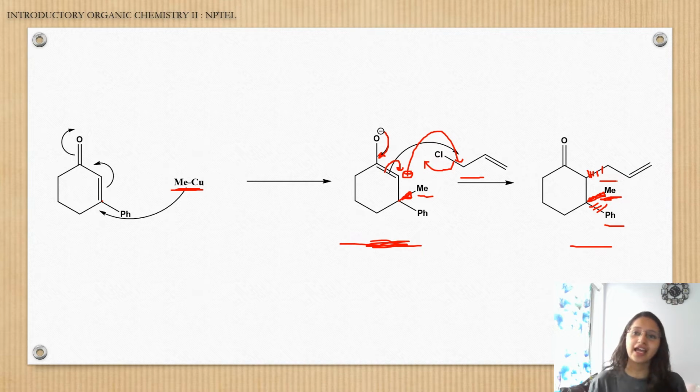See, I'm asking, you are telling me that phenyl is more bulky than methyl. If methyl is above the plane and phenyl is below the plane, now the second nucleophile, sorry, the electrophile which is coming, does it feel more strain when it is in the plane of phenyl, or when it is in the plane of methyl?